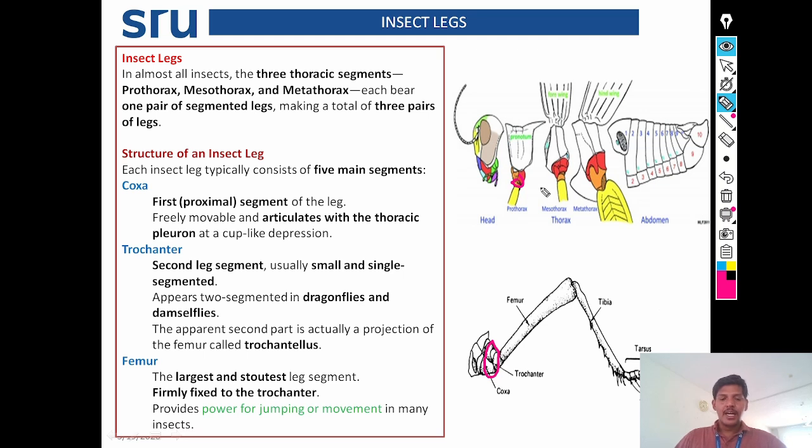The apparent second part is actually the projection of the femur, and we call that part the trochantellus. This apparent projection is part of the femur, not part of the trochanter.